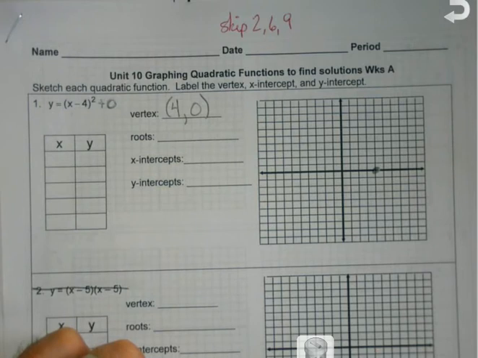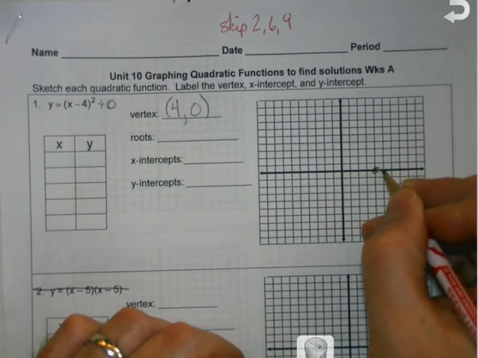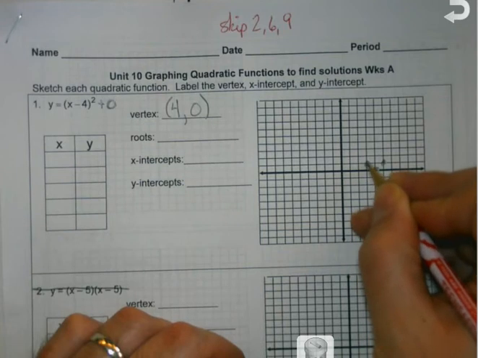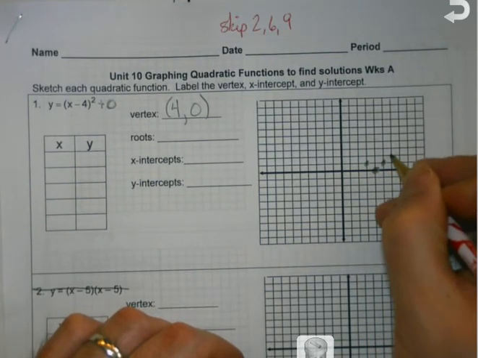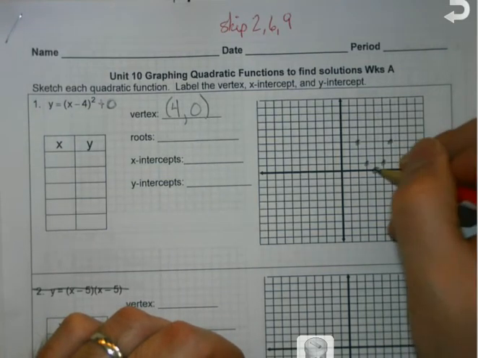I don't know all my other information yet, so I'm going to graph it. There's no number in front this time. Great. So I know it's just the regular pattern. It's over 1 and up 1. Over 1 and up 1. And then over 1 and up 3. Over 1 and up 3.